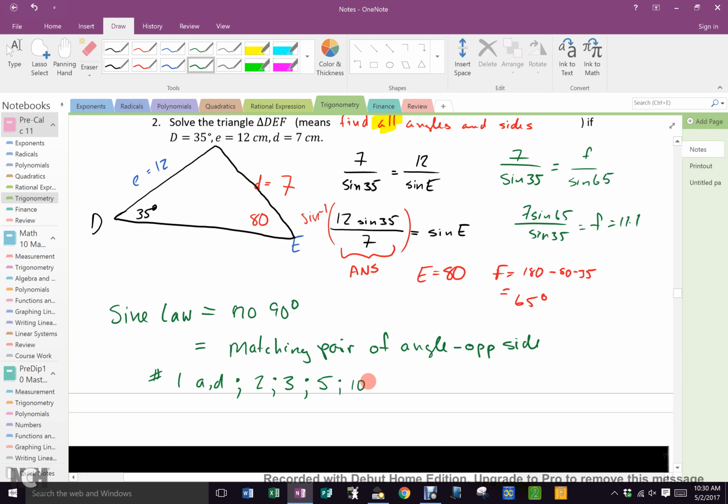Oh, that's interesting. On number 11, the page I photocopied has all the work written on it. So I'm not going to get you to do that. 12.